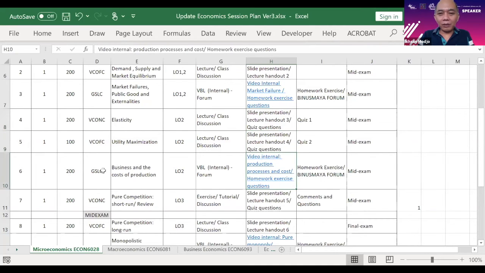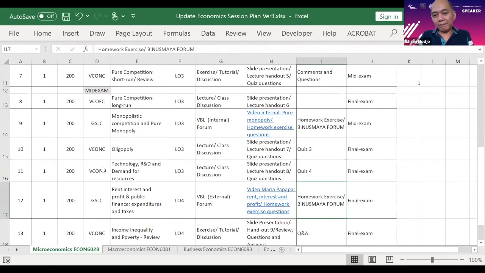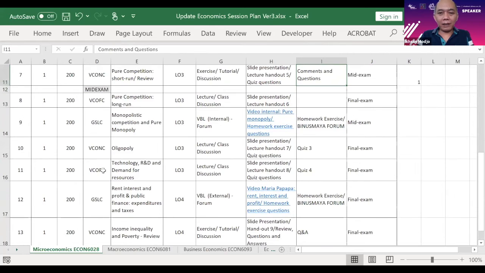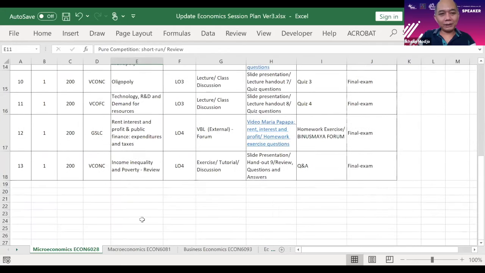As I mentioned, there will be 4 quizzes for the total semester for this course, divided into 2 before the mid-exam and 2 after the mid-exam. Each contributes about 4% towards your total mark. Okay. Ada pertanyaan? Any questions?